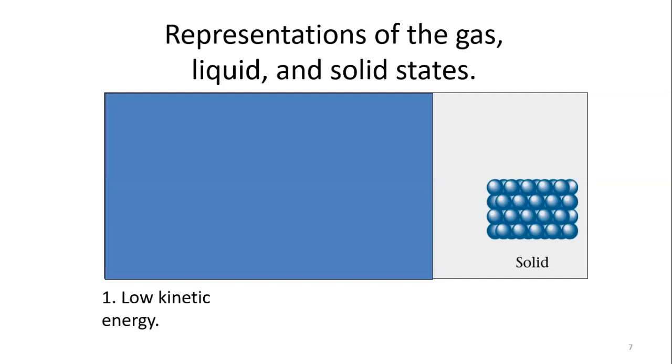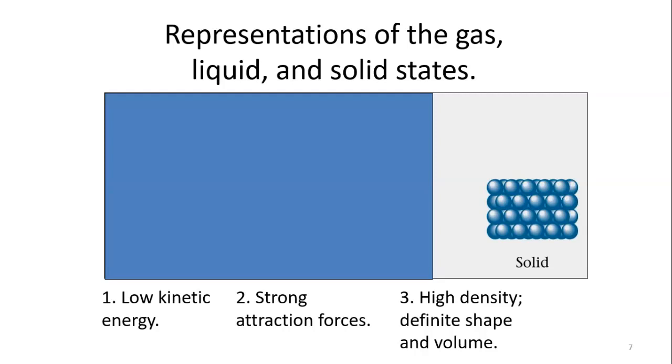At the same time, the fact that they're held together so strongly and almost statically means they have strong attraction forces. And any sample of the substance will contain a lot of particles, so it'll have a high density.